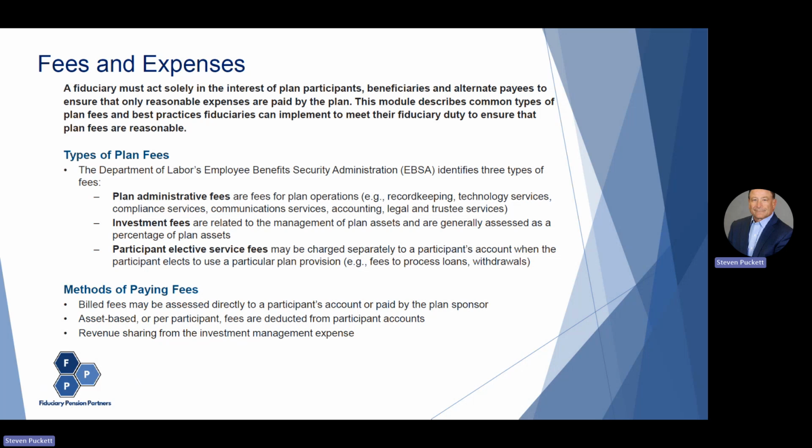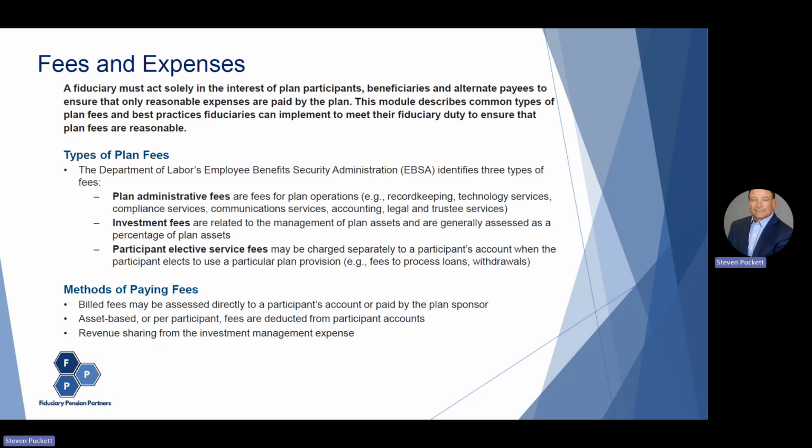So first and foremost, the types of plan fees that you need to look for. Plan administrative fees are fees for the operations of the plan. That would be record keeping, technology, compliance services, communication services, accounting, legal, trustee, sending out notices and statements.